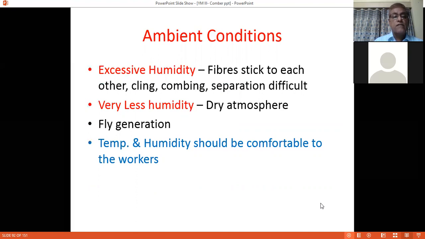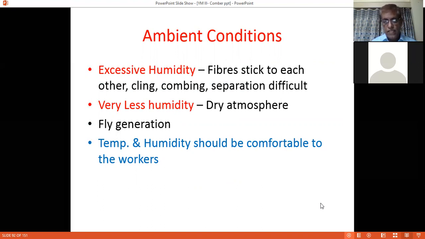And in summer, for example, in April, May, very little humidity is there, a dry atmosphere is there. So that leads to fly generation. So that is a loss to the mill, and the quality of the sliver is also not good, and that creates problems for the workers also.